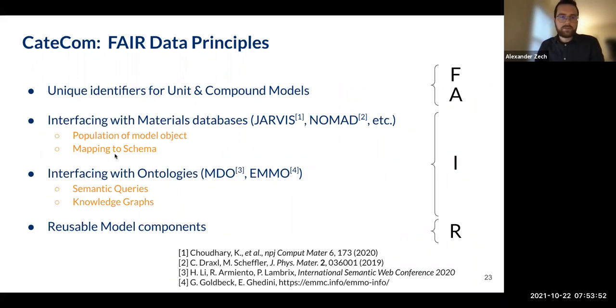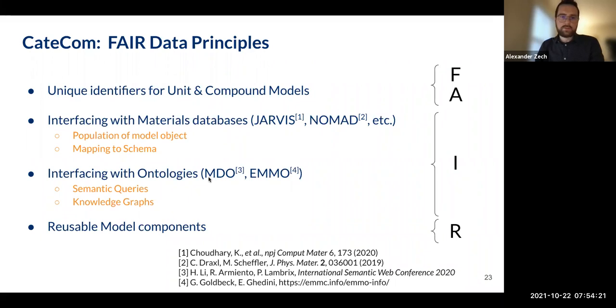And then regarding interoperability, there are several possibilities. First of all, we would like to interface with other material databases. Regarding the model object, this could be just populating a model object from a string that we obtain from a database. Or if there's more information available, we could even try to map between schemas. And secondly, the categorization approach that we use in the unit models is very similar to what's being done in ontologies.